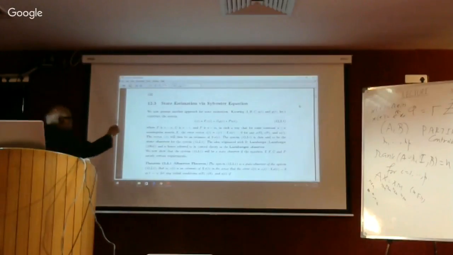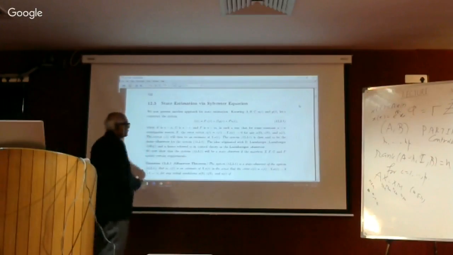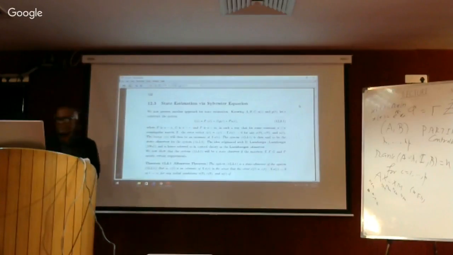Where F is an n by n matrix, G is an n by r matrix, and P is an m by m matrix, in such a way that for some constant non-singular matrix X, we do not know yet how to compute it, the error vector z(t) minus X times x(t) will approach 0 for any initial state x0, any initial state z0, and any input u(t). Remember, capital X does not depend upon t, it's a constant matrix.